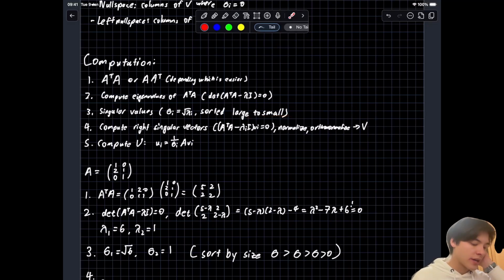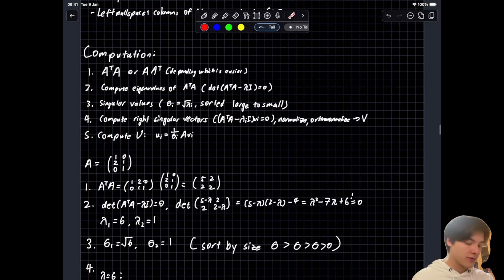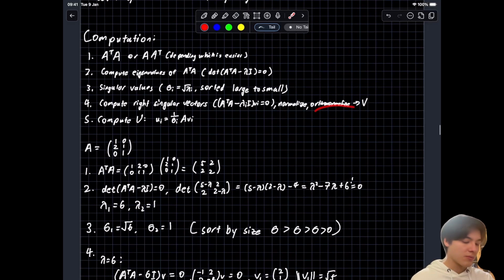Then we can compute the right singular vectors with this formula. They are the eigenvectors of A transposed A, and we normalize them, so it's an orthonormal V. So what this means is maybe we need to orthogonalize.